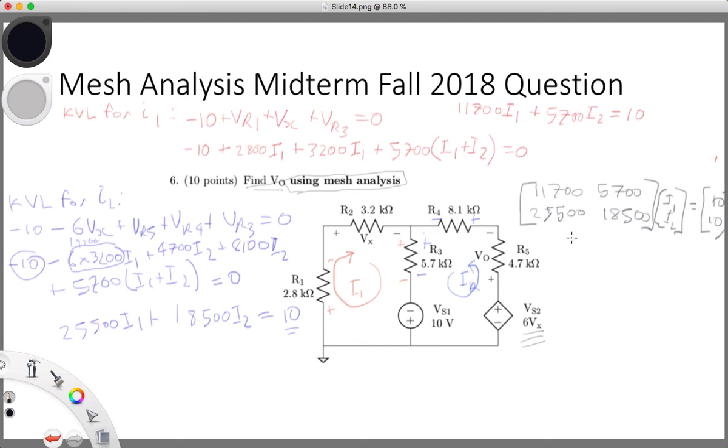And we should be able to put that into our calculators and solve for I1 and I2. However, we're still not quite there yet. What we need to do though is the question's asking us to find Vout. To find Vout, we need to say that Vout is equal to 4700 times I2. So once we've solved for I2, we need to plug it in here to get our answer.